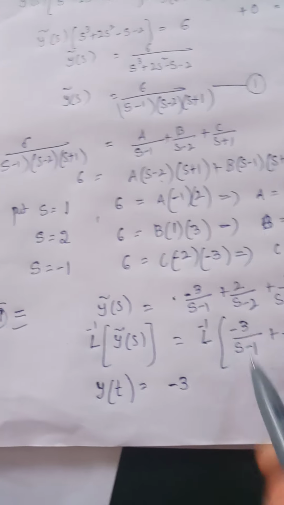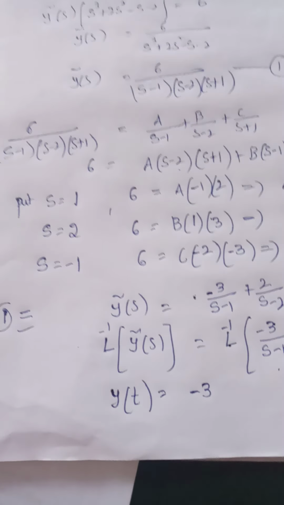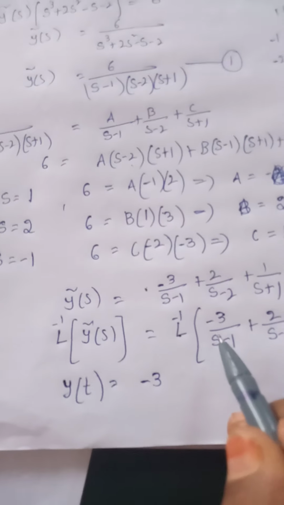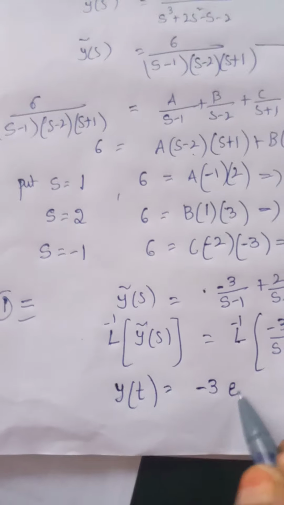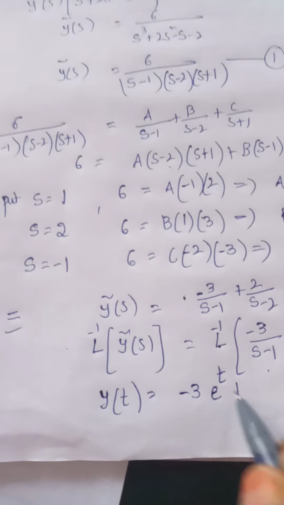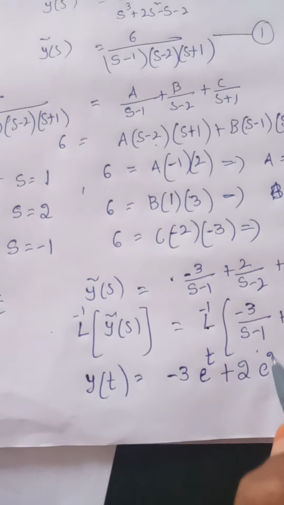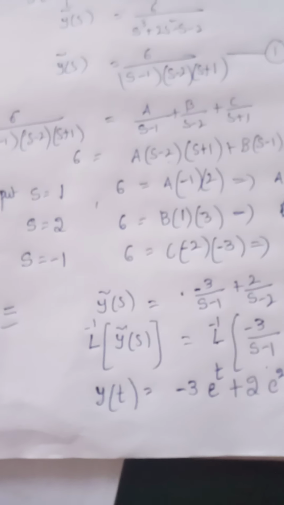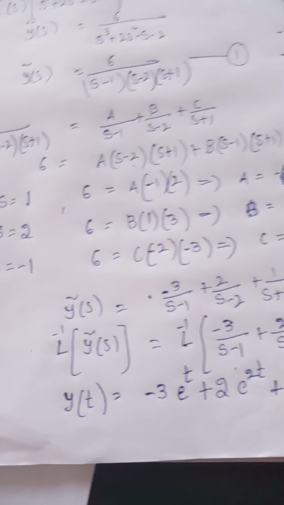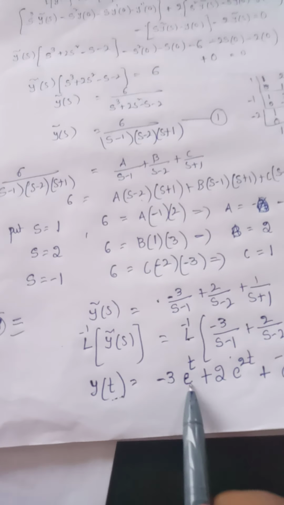So minus 3 into L inverse of 1 by s minus a, the e power at formula, that means e power t, plus 2 into e power 2t plus e power minus t. So this is the solution for the given differential equation.